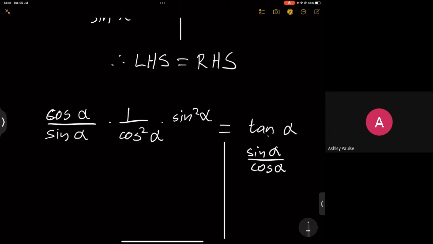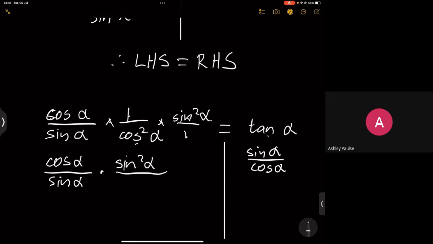Now, I know we've got square identities here, but before you go into square identities, do you see that you've got fractions, cos over sine? You probably would have gotten there the long way around, but I'm trying to show you a quicker method here. If we multiply all of them together, this is over 1. So 1 times sine squared would give you sine squared of alpha, and 1 times cos squared will give you cos squared of alpha.